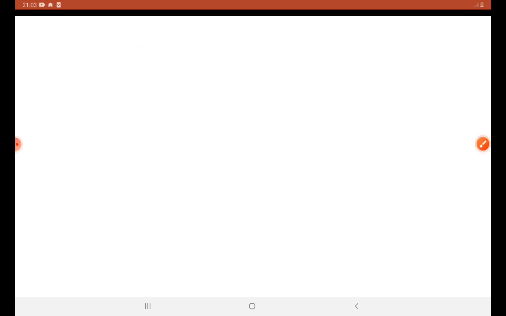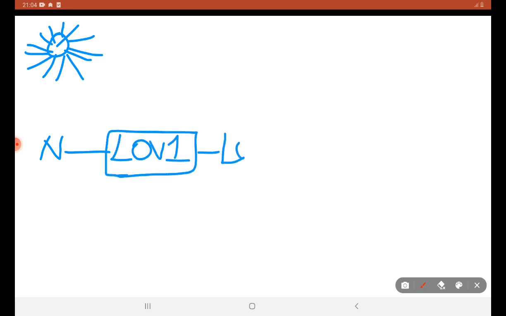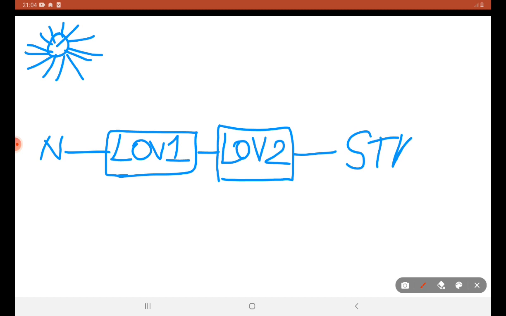We will see what will happen in case of presence of light. Consider the presence of blue light. We have the N-terminal domain, LOV1, LOV2, light oxygen voltage, and the serine threonine kinase domain at the carboxyl end.